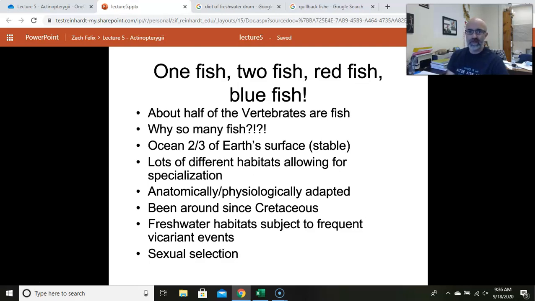If something changes about the breeding system, and two groups that used to be together become separated, then by nature that is a new species. So all these things have combined, and then of course this bullet here, been around since the Cretaceous. That's important, because it means there has been more time to accumulate new species of fish.